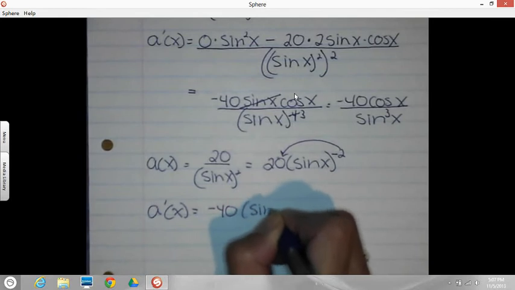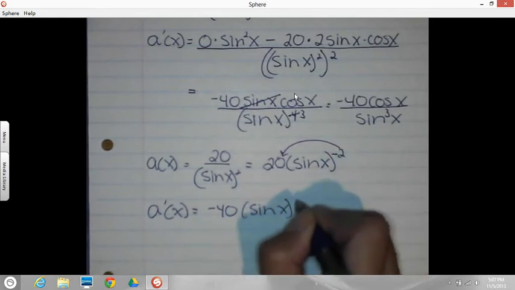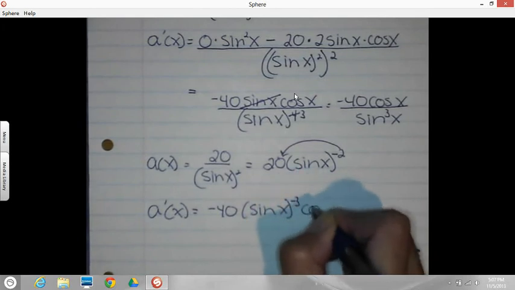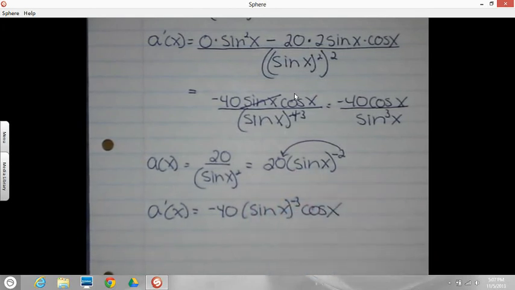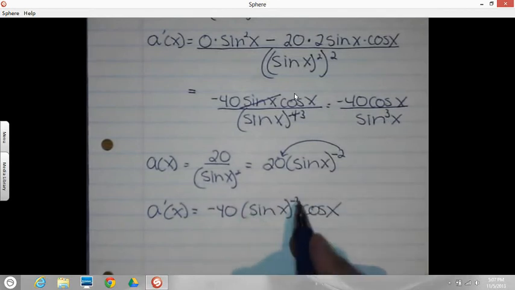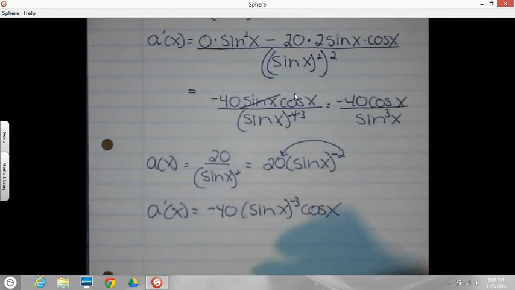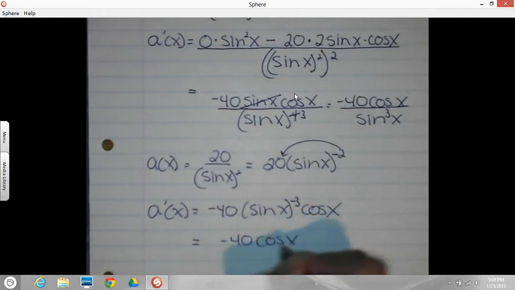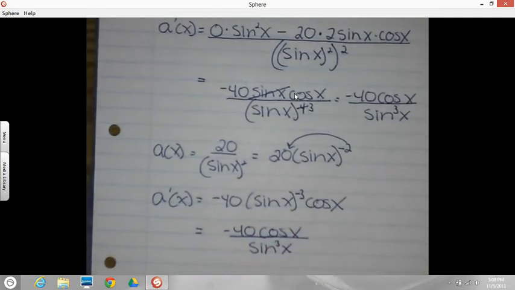Sine x to the last power, that's going to give me negative 3, times the inside derivative is cosine. And all I have to do to make this one look like this one is make this exponent happy. So if it's unhappy up in the numerator, put it down in the bottom and make it happy. Negative 40 cosine x all over sine cubed x. Now they're identical.